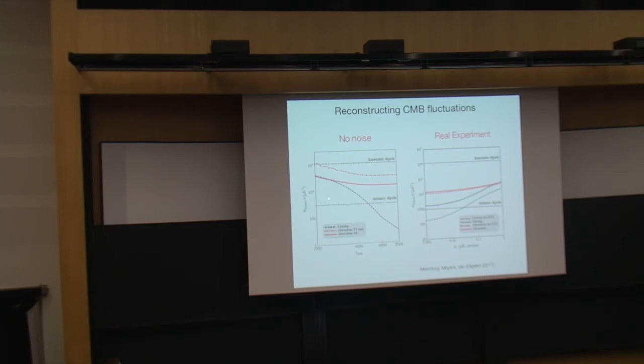As you can see here, as you increase L max in your experiment, you quickly become cosmic variance limited, if you would be able to do this. We compare this to aberration. Aberration is not a direct measurement of the intrinsic dipole; it's a measurement of the kinematic dipole. But as you measure the total dipole on the sky, you can subtract the aberration to also get the intrinsic one, and it performs much better.